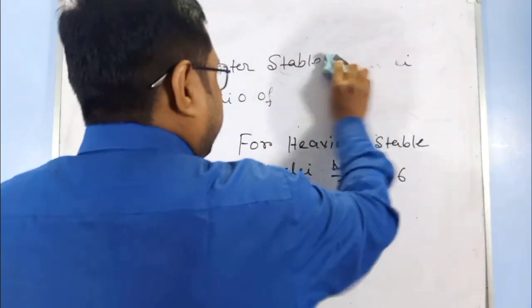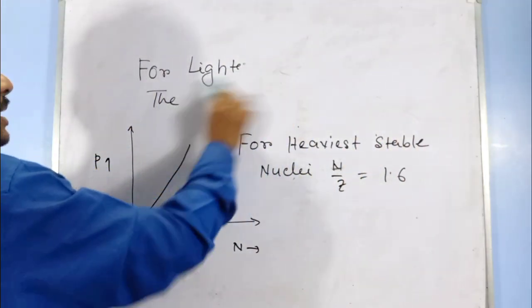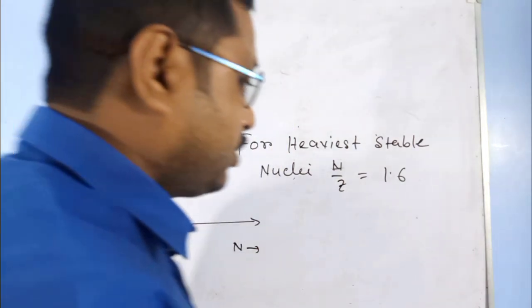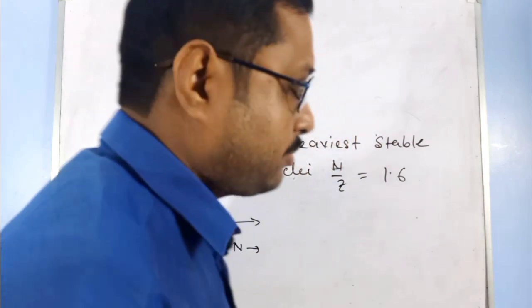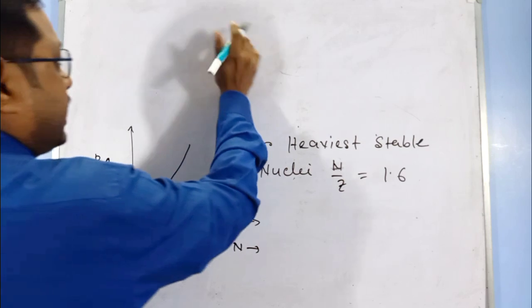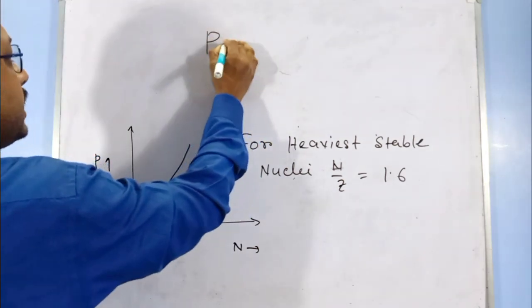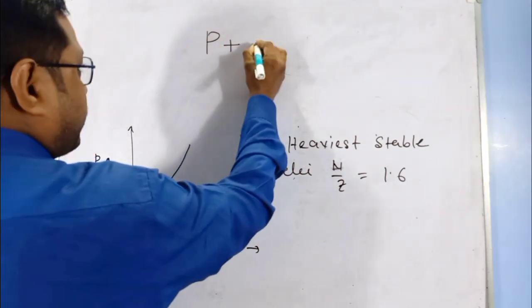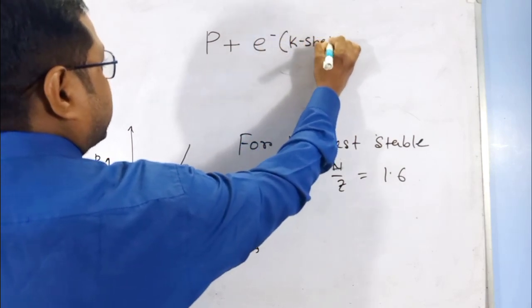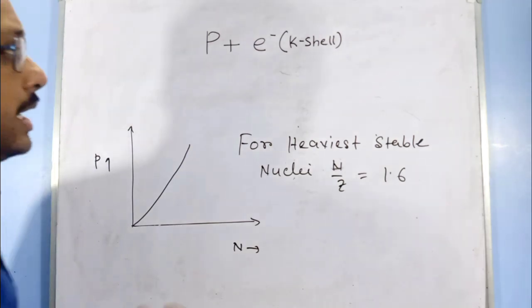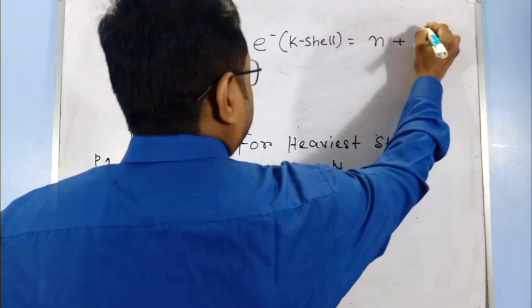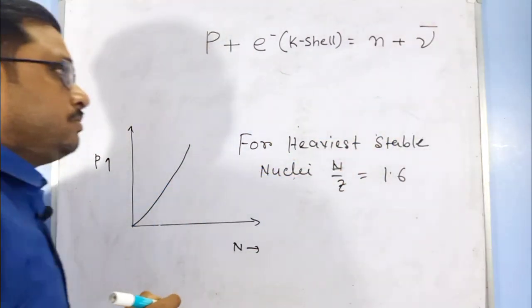So all the heavier nuclei tend to have a larger number of neutrons than protons, because neutrons do not take part in the Coulomb repulsion force. When the proton number is large, a proton captures an electron, in most cases a K shell electron, and is transformed into a neutron, and a new particle called a neutrino is produced.